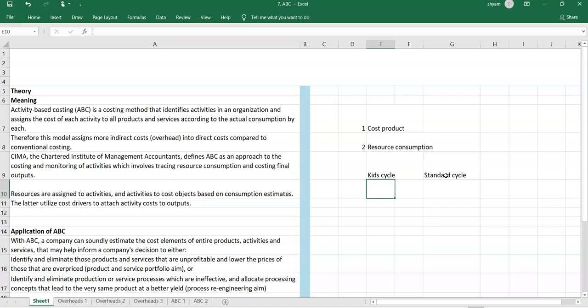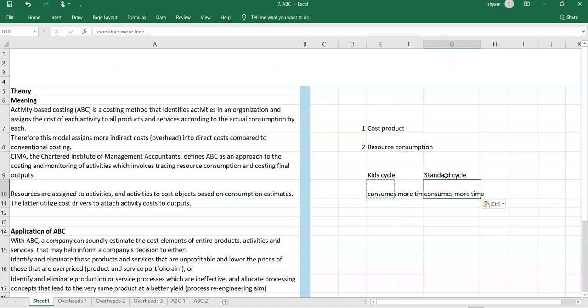So the time it consumes to be produced is much higher. More labor is going to be used, more quality checking is used, and more supervision is used. So the kids cycle consumes more resource, we can put it as more time.